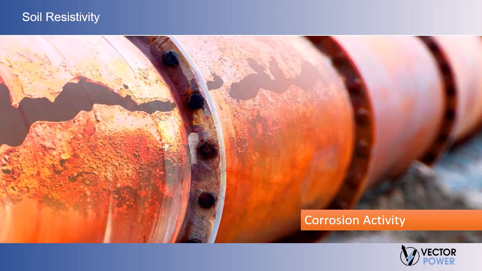Second, resistivity directly impacts the degree of corrosion in underground pipelines. A decrease in resistivity relates to an increase in corrosion activity and therefore dictates the protective treatment to be used.